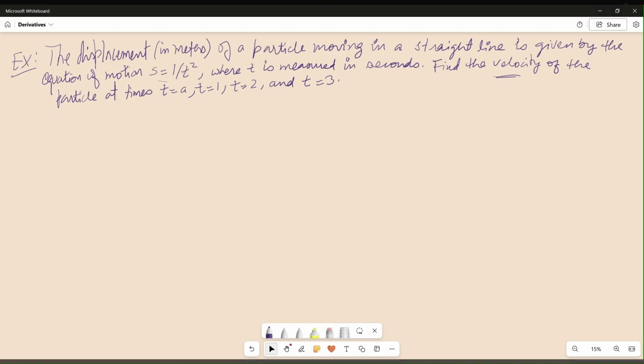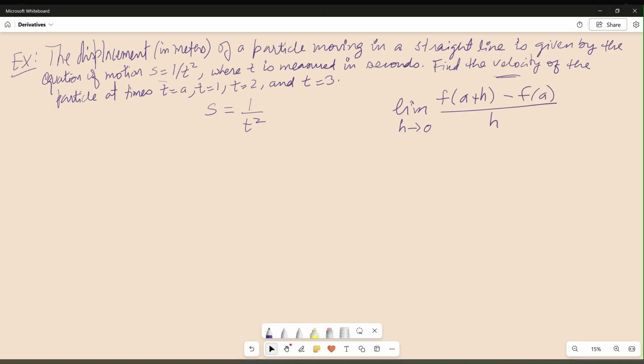We have been given this function for the equation of motion, s equals 1 over t squared. And as a little reminder, the definition of the derivative is the limit as h approaches 0 of f of a plus h minus f of a, divided by h.